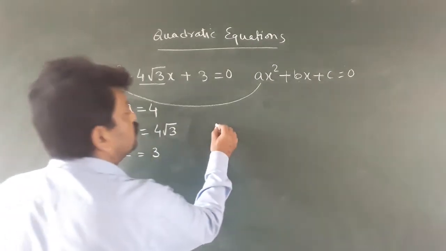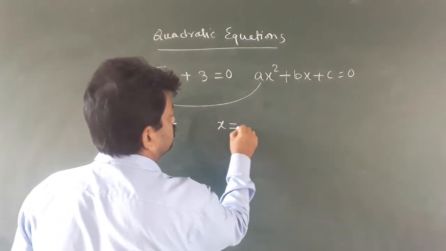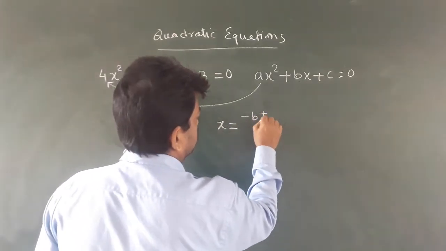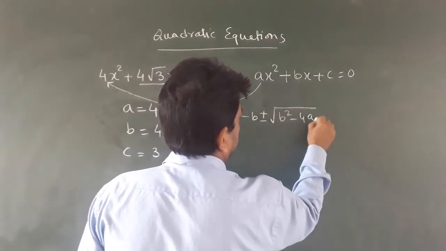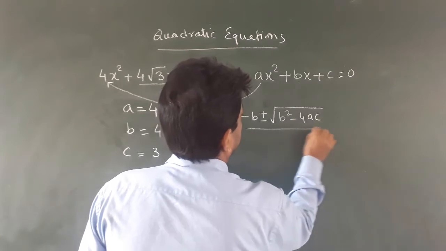Now let me use the formula. x equals to minus b plus minus root over b square minus 4ac upon 2a.